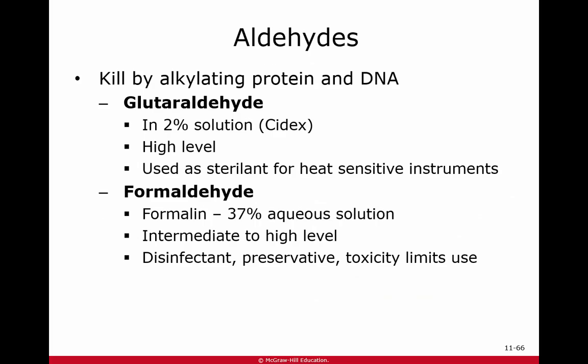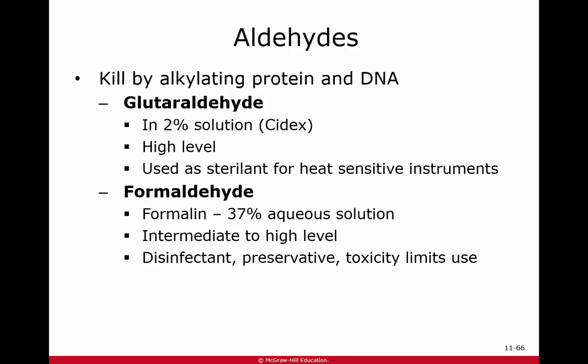Okay, aldehydes. Now, aldehydes are different chemically because they kill by alkylating proteins and DNA. Basically what happens is that they change their chemical structure. The examples are glutaraldehyde and formaldehyde.